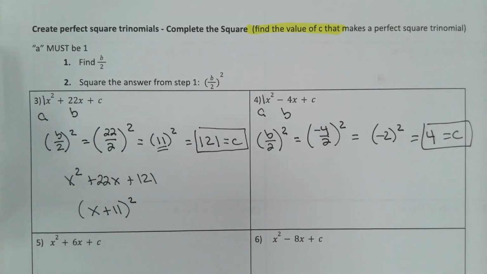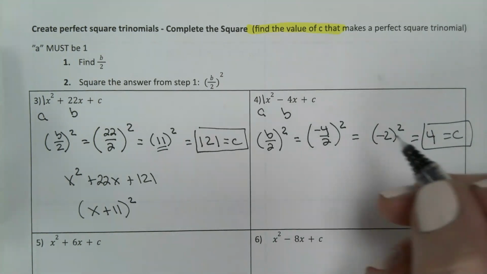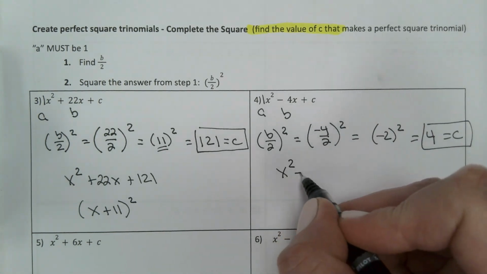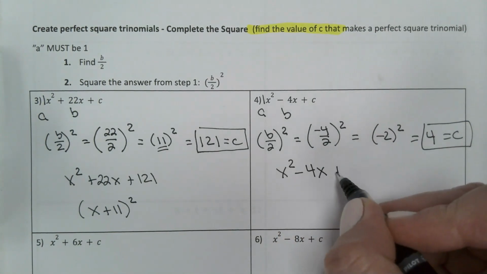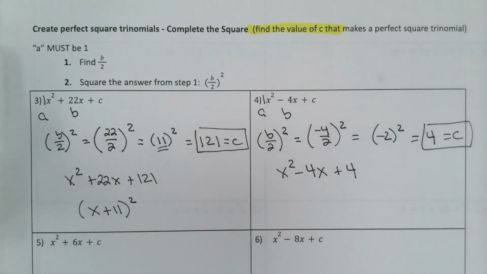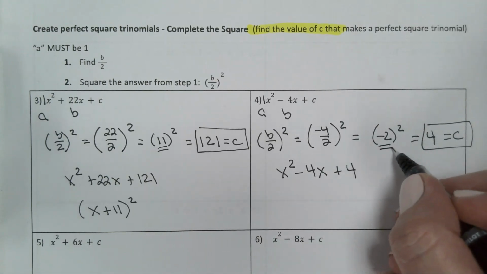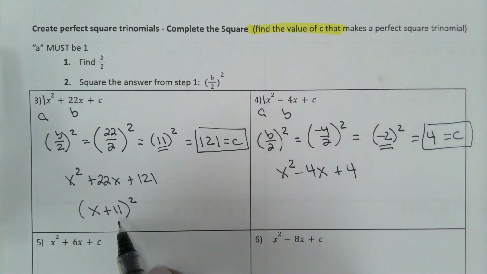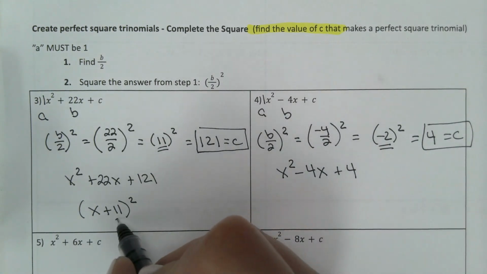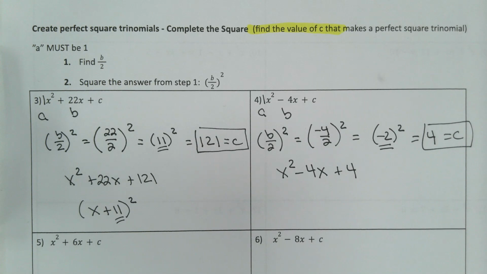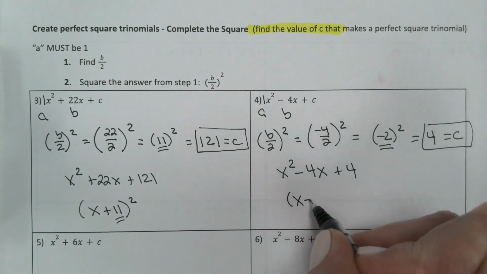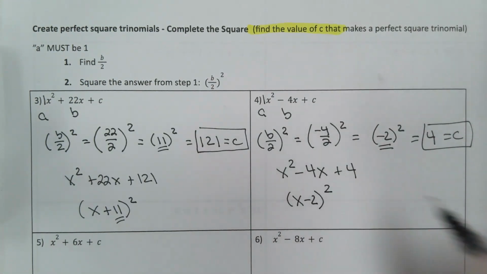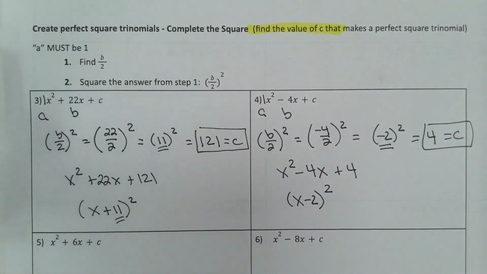So 4 is the value that will complete the square. So we have x squared minus 4x plus 4. Once again, whatever is right there, that is what will go as your factor. So this factors as x minus 2 quantity squared. You can try 5 and 6 and check my notes.